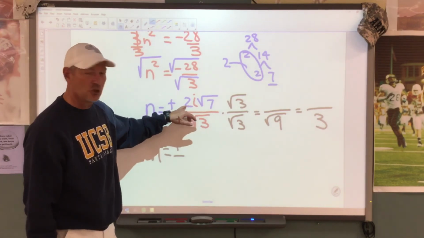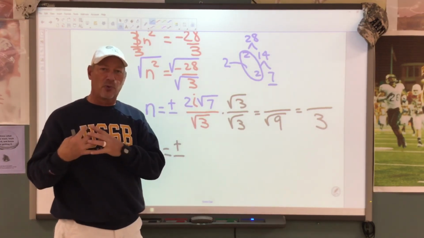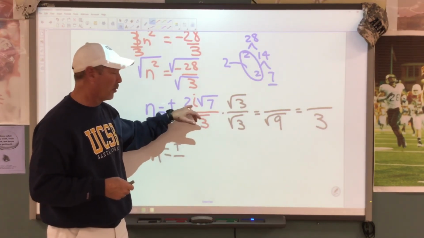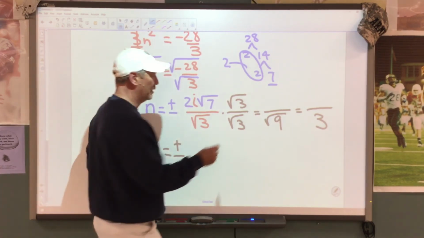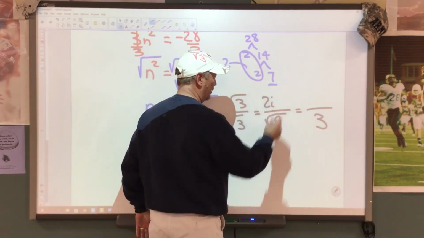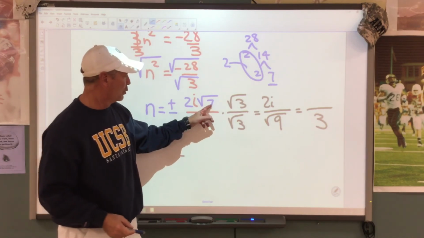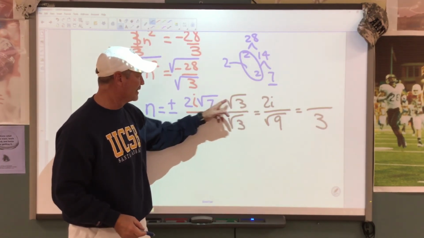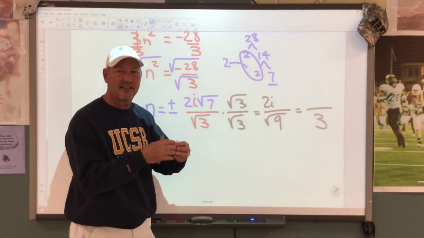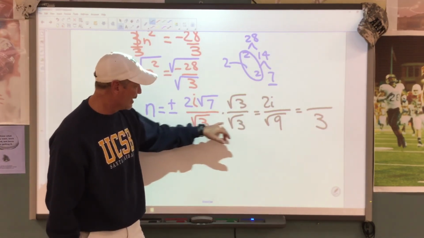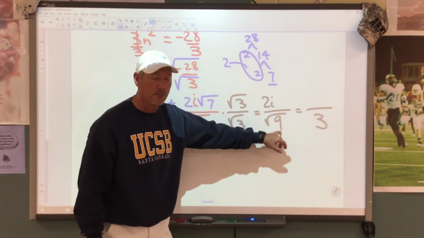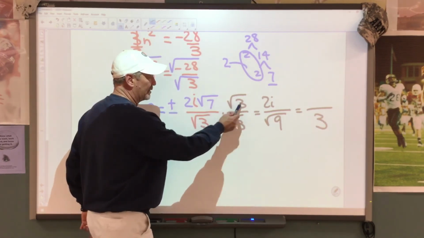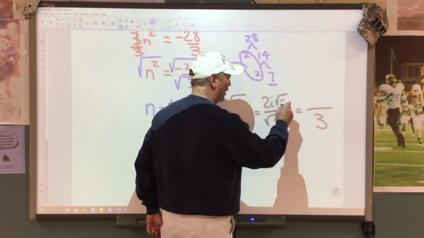And then we're going to say the 2i is outside of the radical. So this outside part stays outside. This is going to stay outside as 2i. But what is the square root of 7 times the square root of 3? Inside times inside stays inside. That's going to give me a 21.